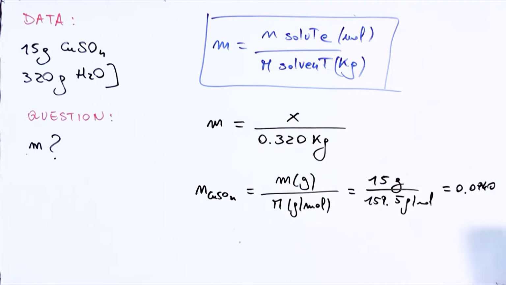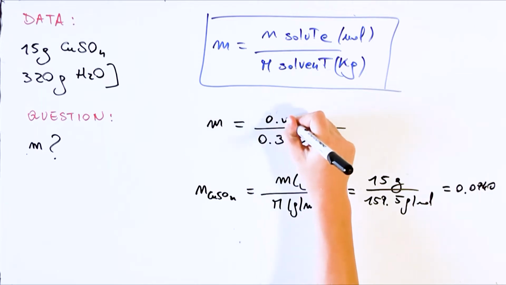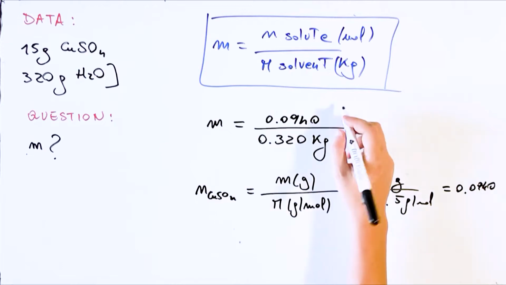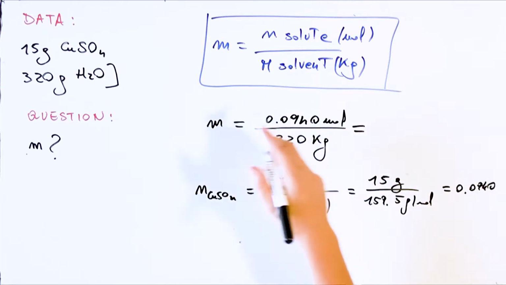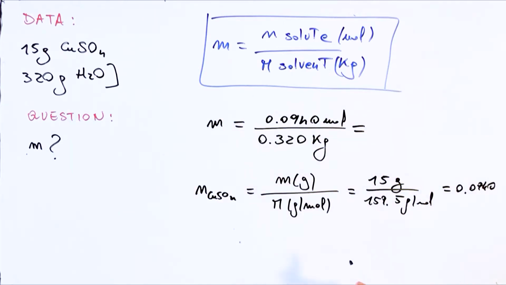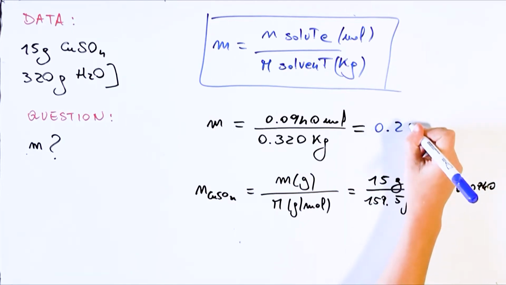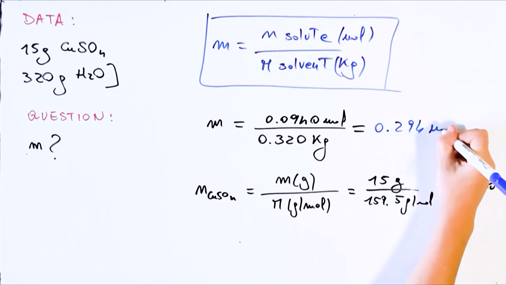So now we have our unknown amount. We will put it here in the definition of molality, and we will have the answer to our problem, which is 0.294 mole over kilo.